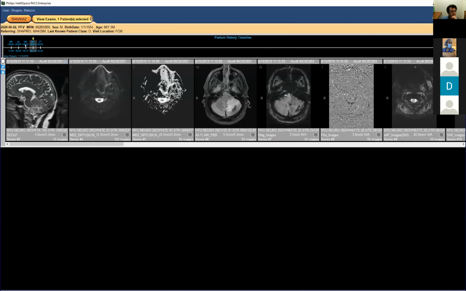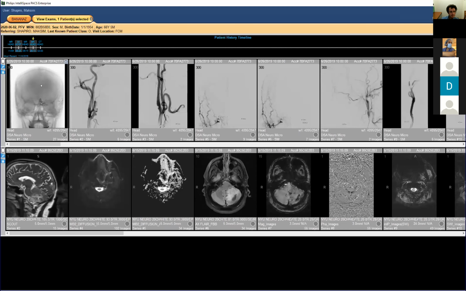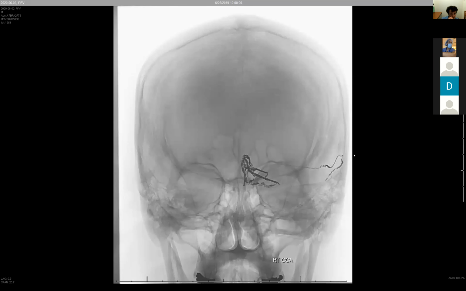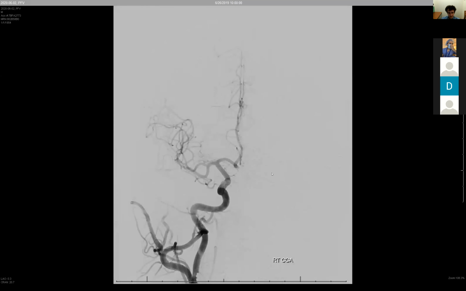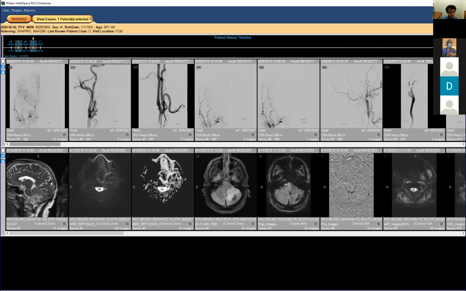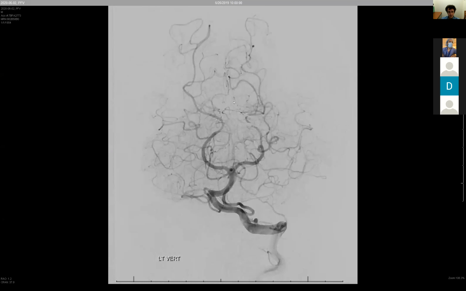At this point, when we look at this angiogram, you see that there is sequelae of previous treatment. It was some Onyx material. So let's jump into the relevant images. Here's a leftward injection.